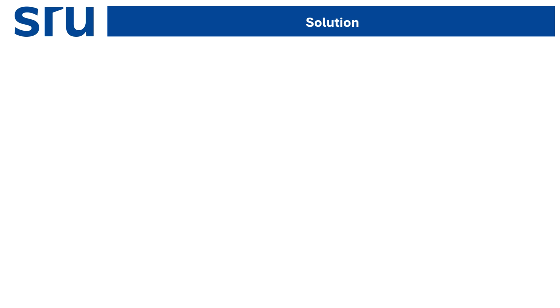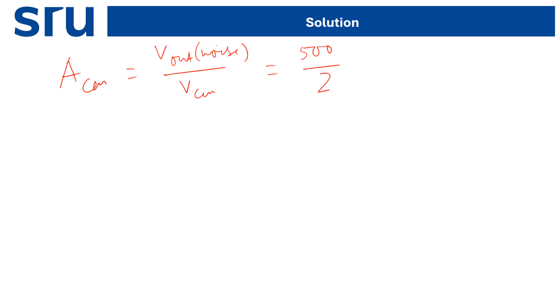So as we can see, ACM stands for the common mode gain, which we can write as V out, which is of course the noise, divided by VCM, which stands for the common mode input signal. So here we can see that the output is 500 divided by 2.